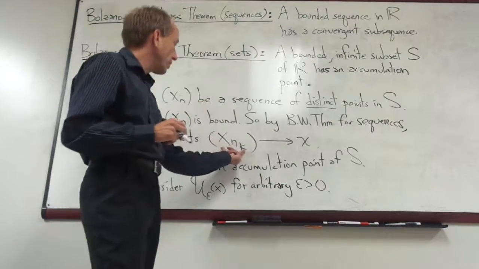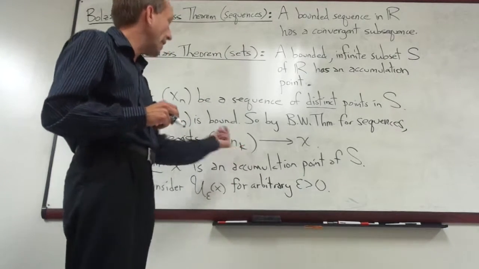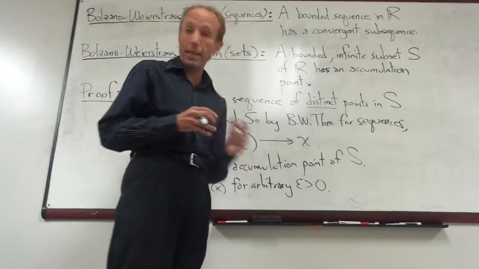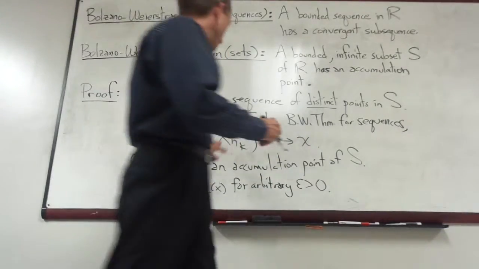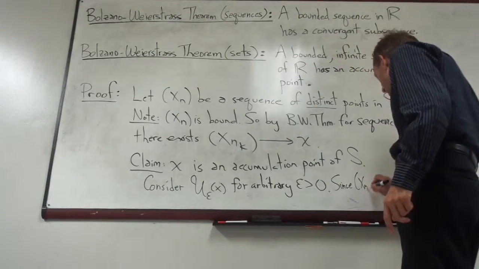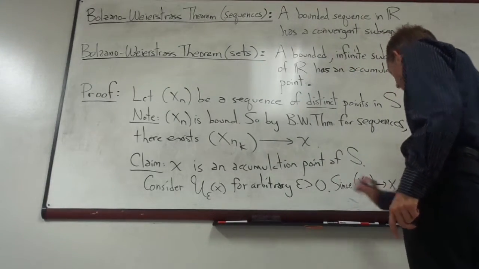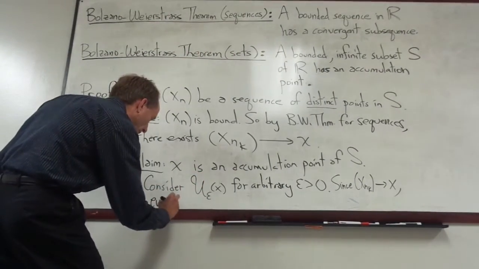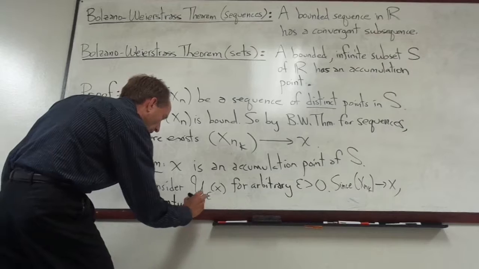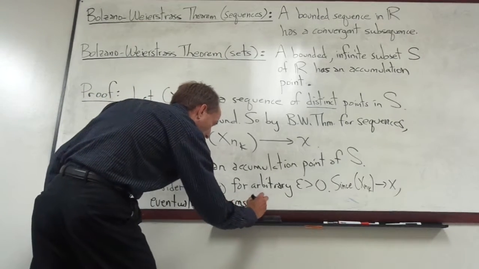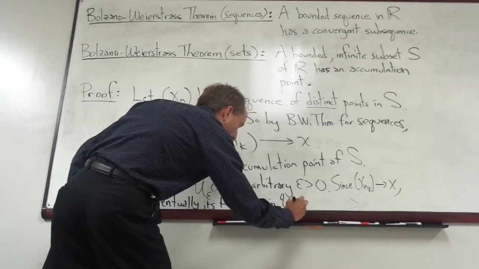Well, the thing is that the subsequence xnk, this convergent subsequence, eventually gets inside of that neighborhood because of the convergence. So since xnk converges to x, eventually its terms lie in U sub epsilon of x.